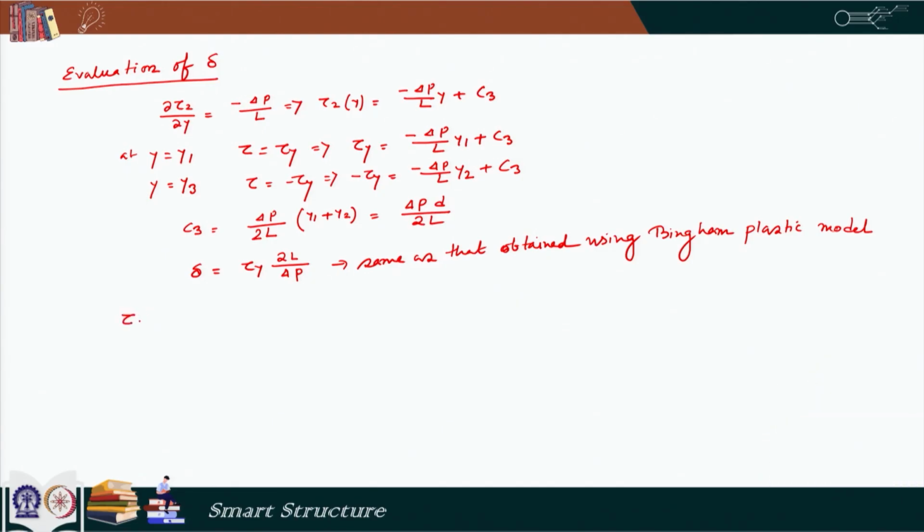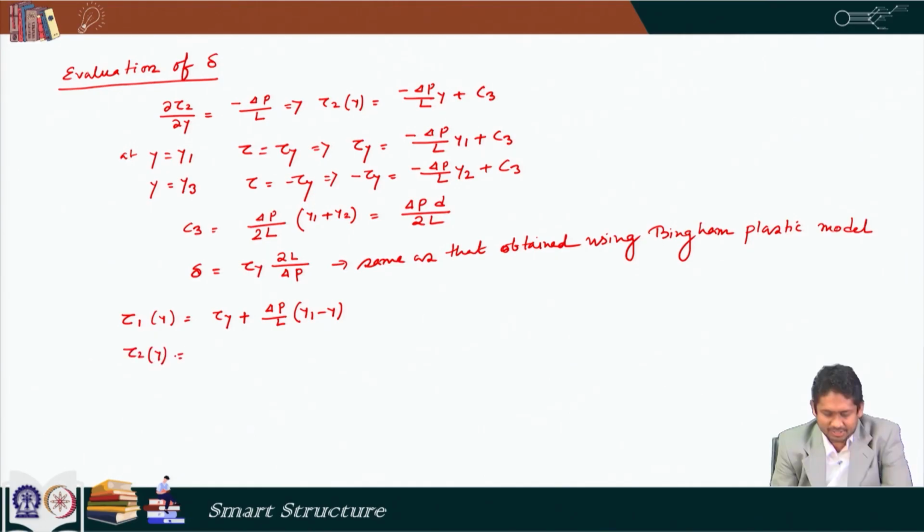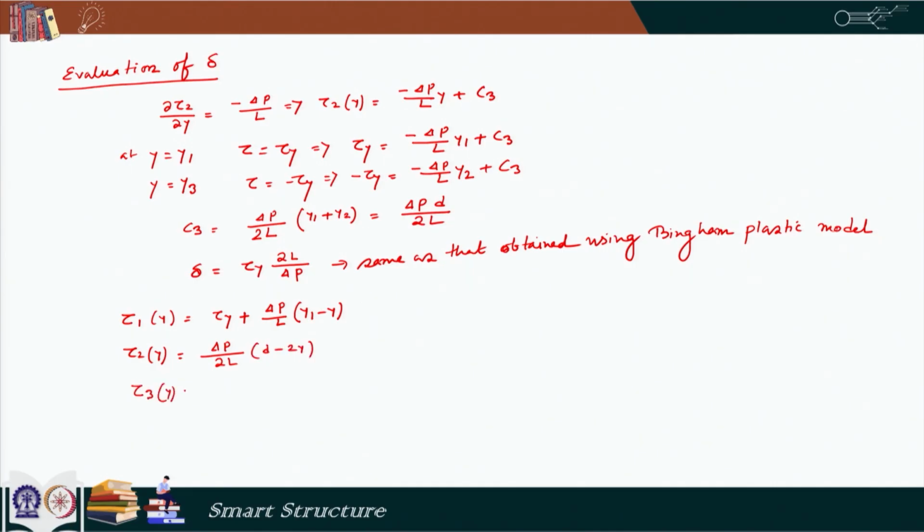With that we can say that tau as a function of y becomes tau y plus delta P by L multiplied by y1 minus y, and then tau 2, tau in the region 2, is delta P by 2L into d minus 2y, and tau 3 as a function of y is minus tau y minus delta P by L into y minus y2.